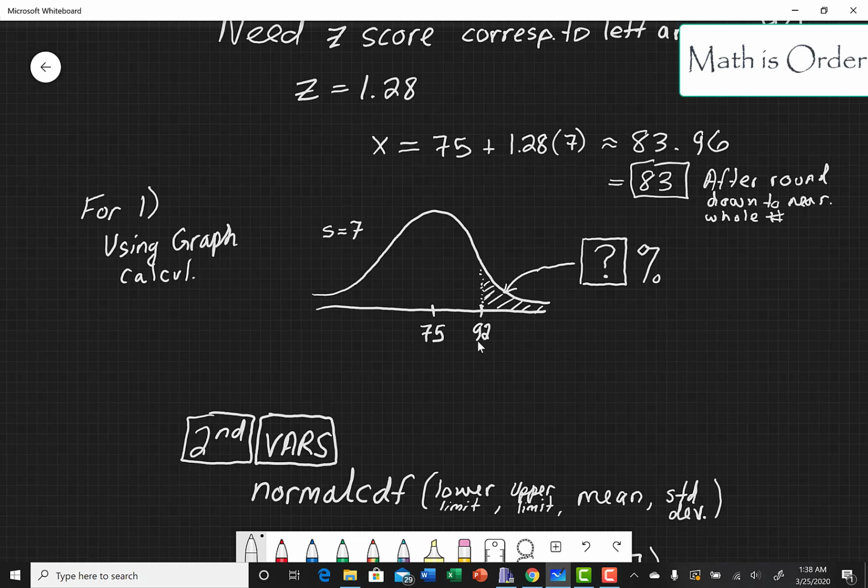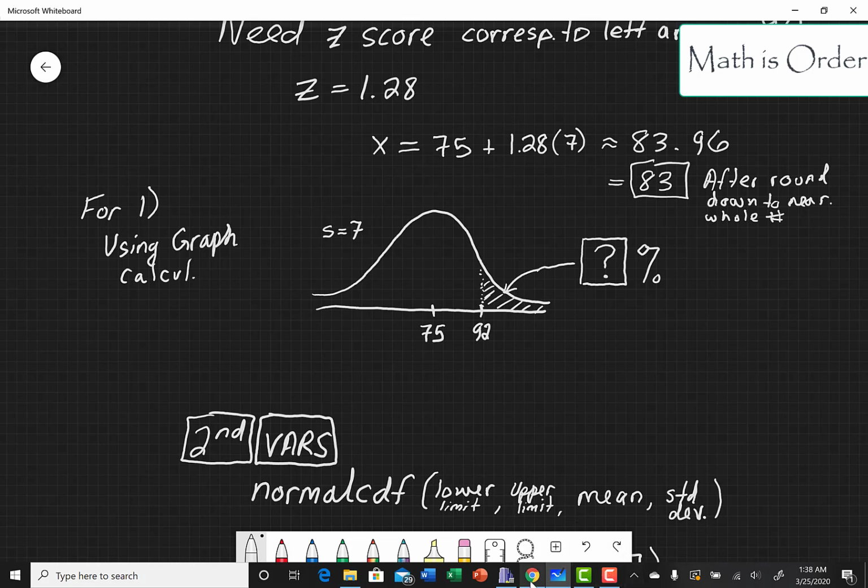It's 92. If I want this whole area, the lower limit is 92. The upper limit, there is no upper limit. So I just pick a big number way bigger than 92, like 9999 or something like that. And then I also got to put in the mean. And our mean is 75 and the standard deviation is 7. Make sure you use commas to separate these quantities.